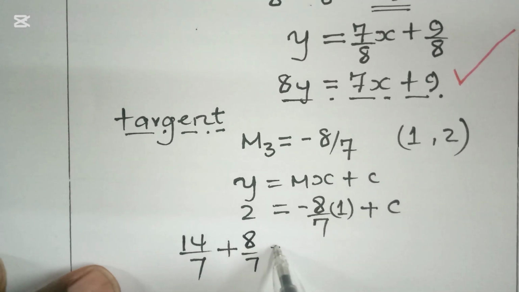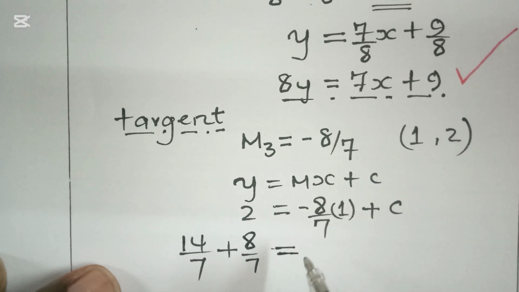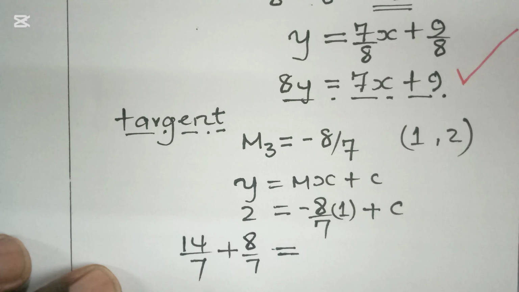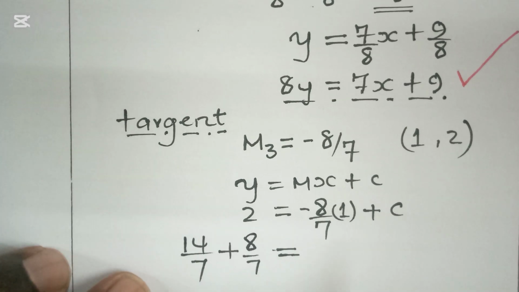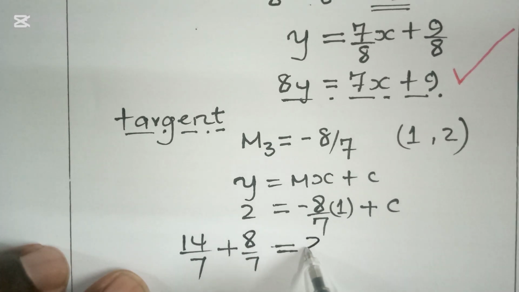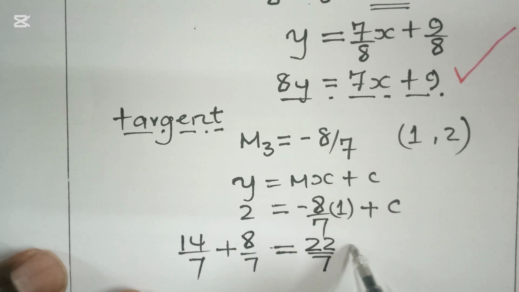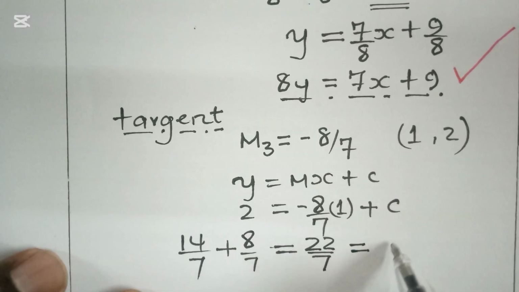So my c is now going to be 14 plus 8, which is going to be 22 over 7. So 22 over 7 is going to be my c.